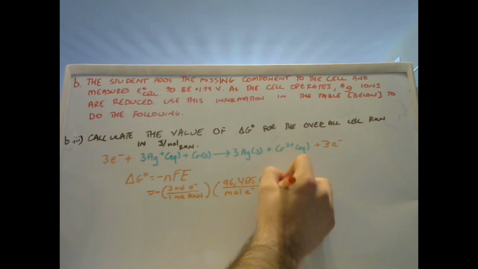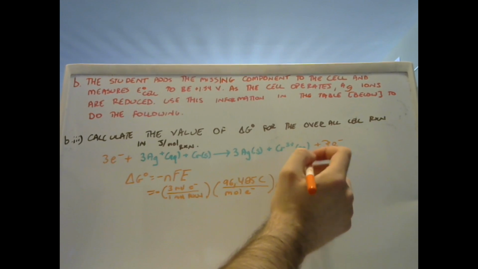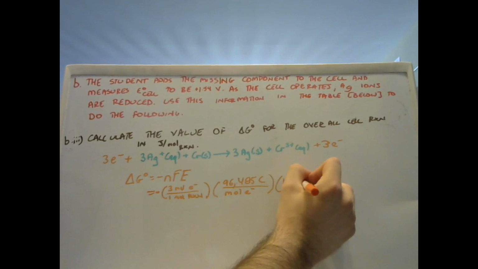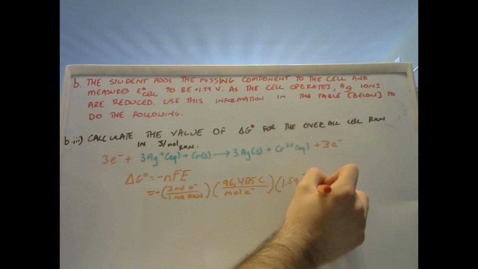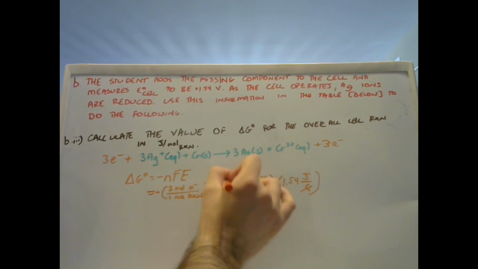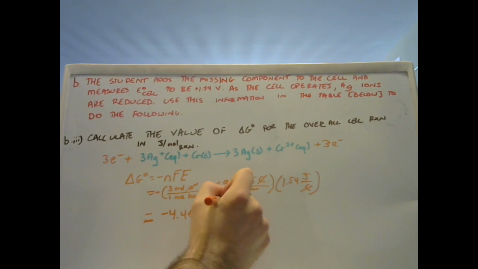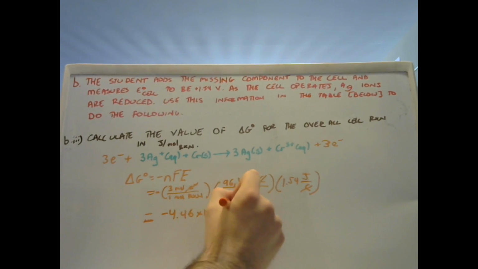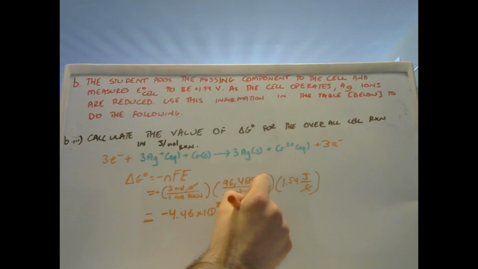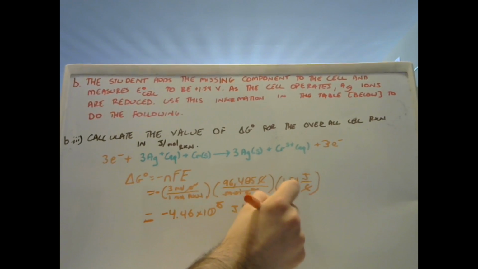And it is 1.54 volts, which is the same as joules per coulomb. Coulombs cancel, moles cancel, leaving us with joules per mole reaction. And like I said, it's just a plug and chug equation. Multiply it all out. 3 times 96,485 times 1.54 gives you negative 4.46 times 10 to the 5th. Don't forget your units, joules per mole reaction.